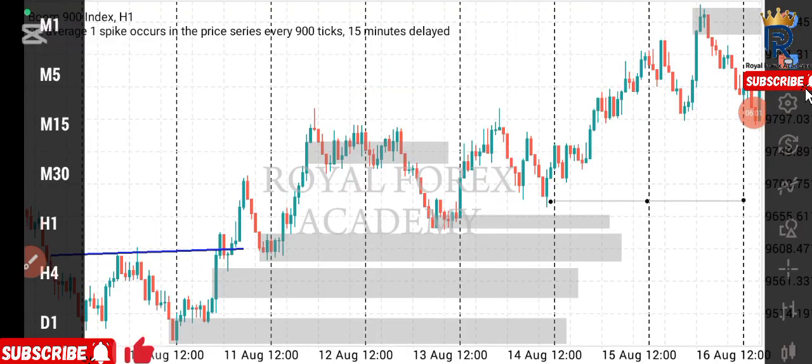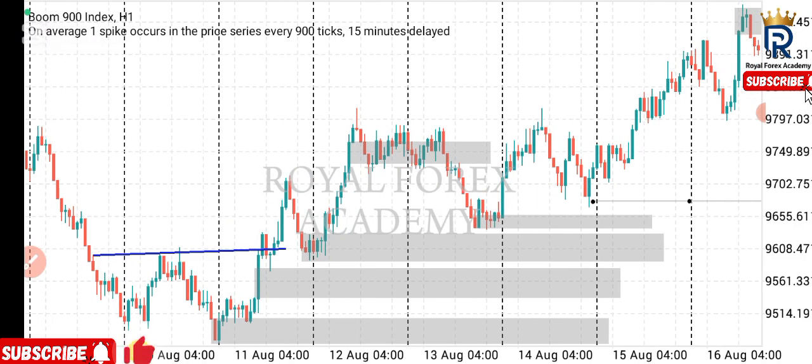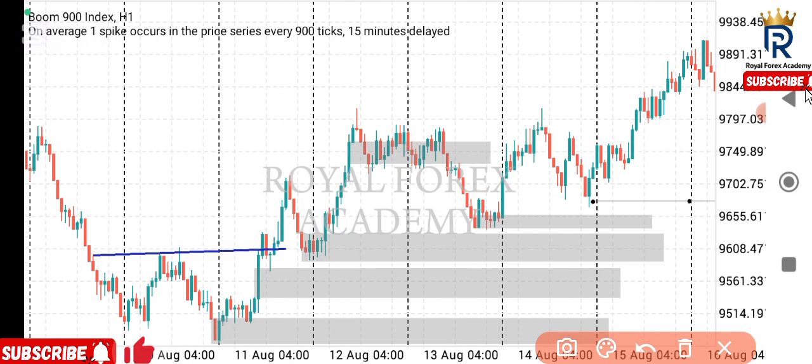Alright, so this is the same chart we used in our previous video the first time. You can see how price moved here, and here we have a break of structure. Once we had that break of structure, we have a point of interest.